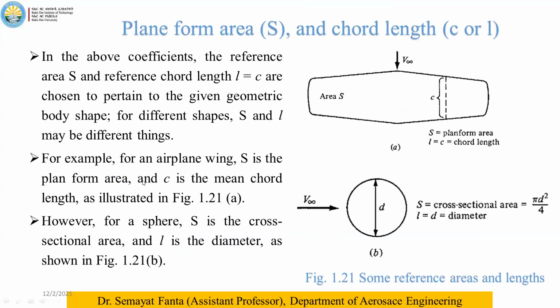So what is the planform area of an aircraft? S indicates the planform area of this wing. S is the total area, and C is the chord length. S is the overall planform area for the wing.